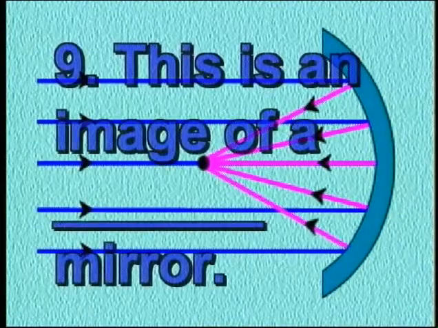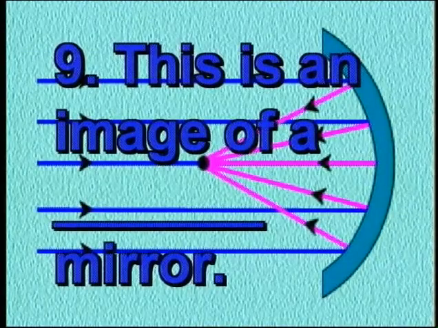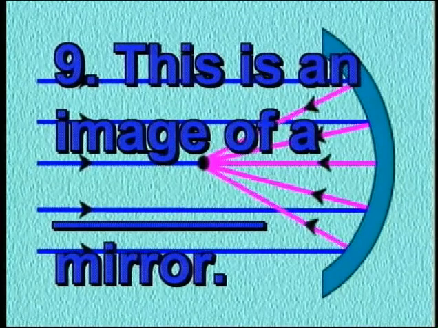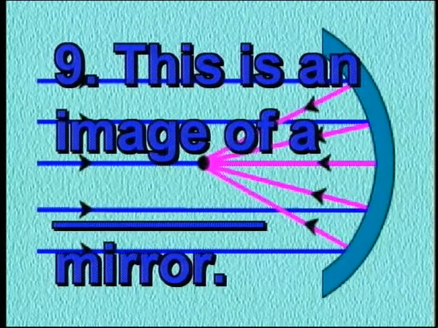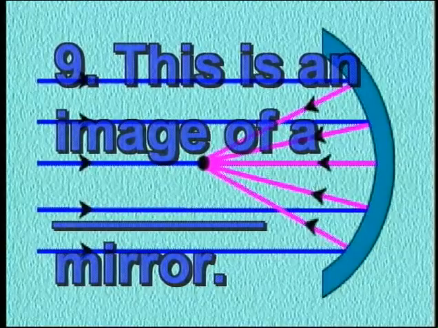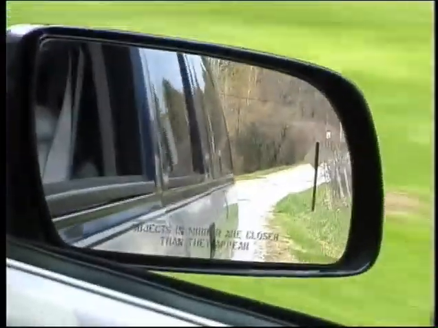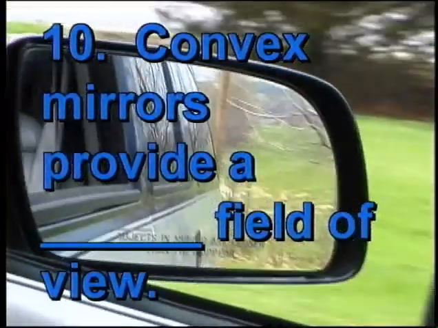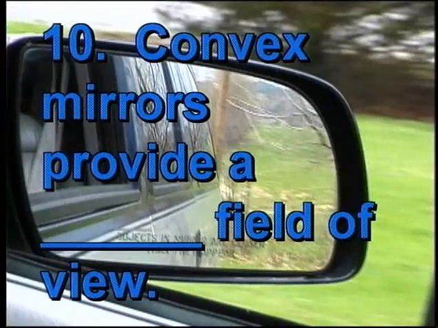Number 9, this is an image of a mirror. Number 10, convex mirrors provide a field of view.